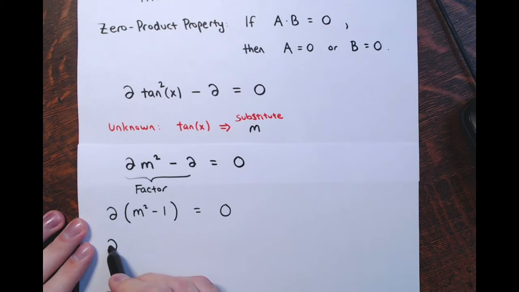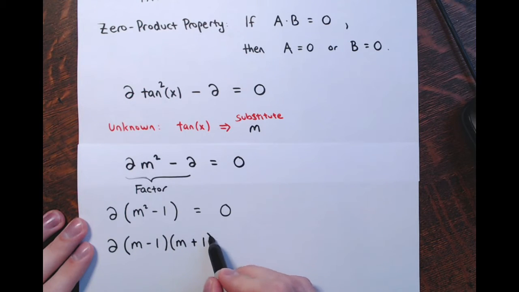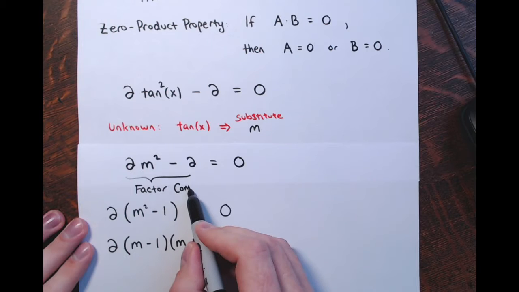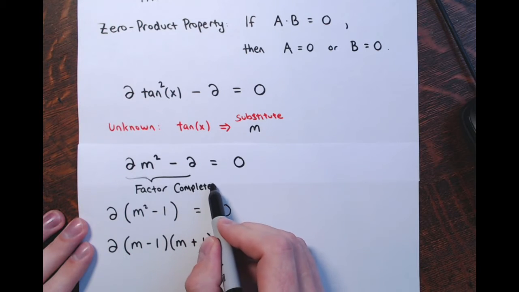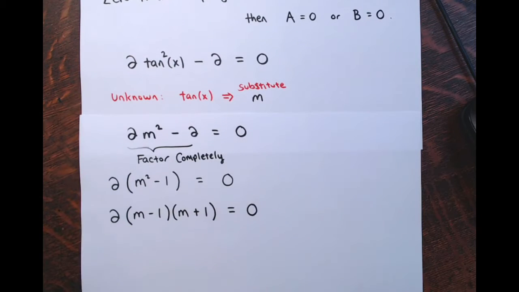And the difference of two squares factors to the product of binomial conjugates, so you don't have to worry about all the fancy words. It's just m minus 1 multiplied by its conjugate, m plus 1. Okay, and then I should say factor completely. That's what I've done, is factored it completely, because I can't factor any of these expressions anymore.